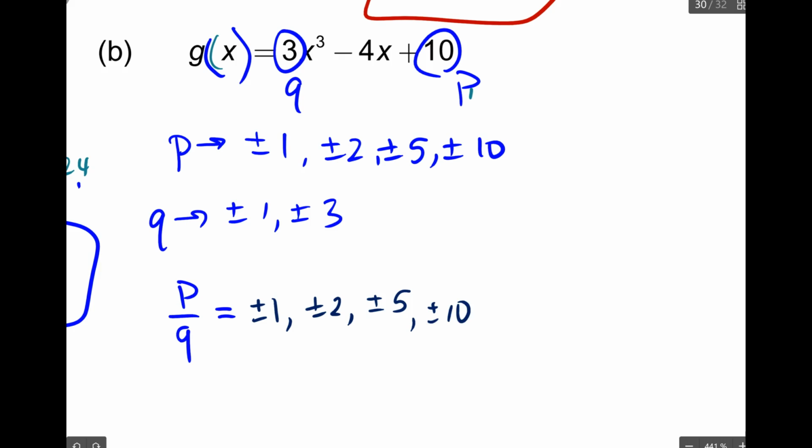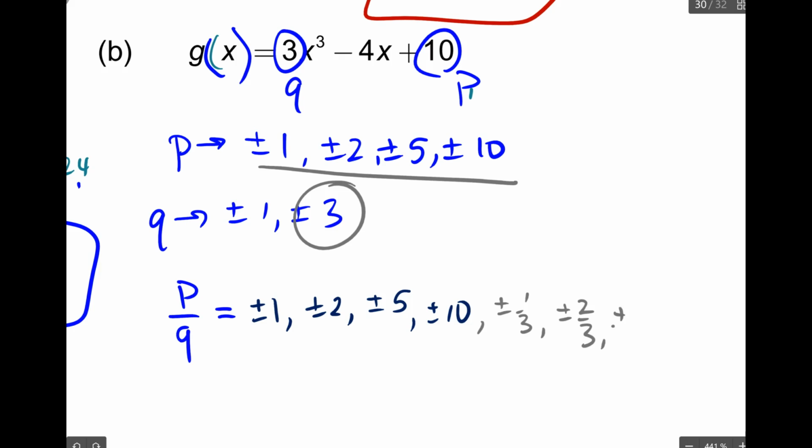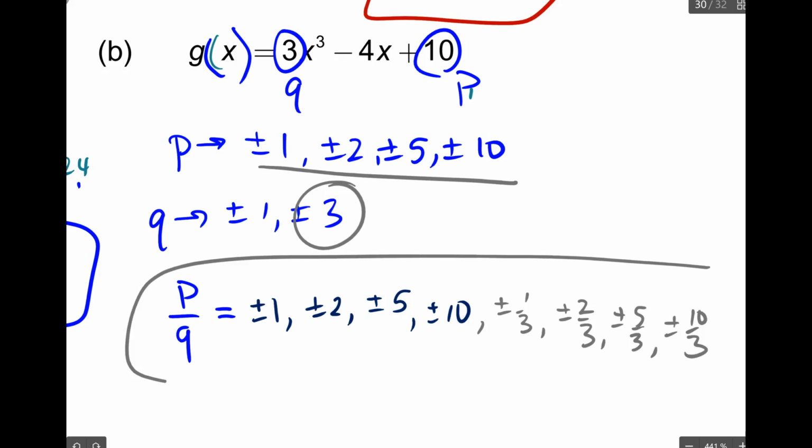Then I divide all of these by 3. So plus or minus a third, plus or minus 2/3, plus or minus 5/3, and plus or minus 10/3. Notice we don't have any repeated, not like the first example.